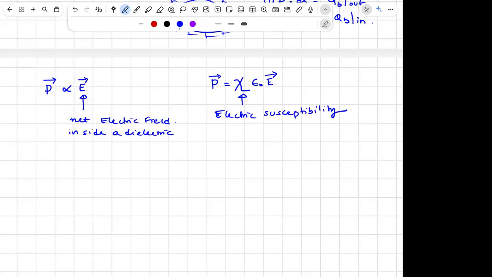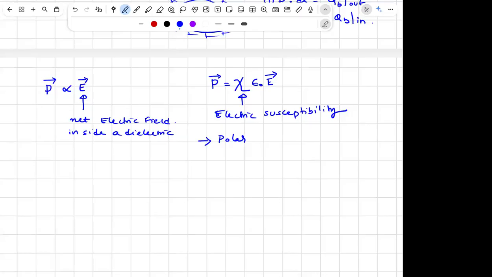It's a constant, depends on the nature of the material, and more polarization means more susceptibility. For example, I told you polar and non-polar dielectrics.